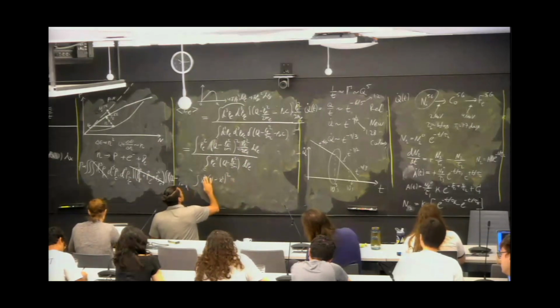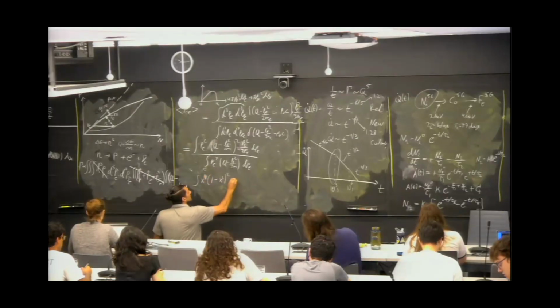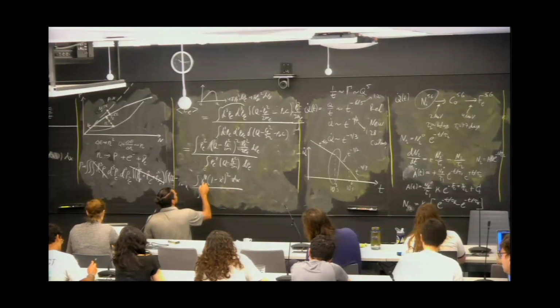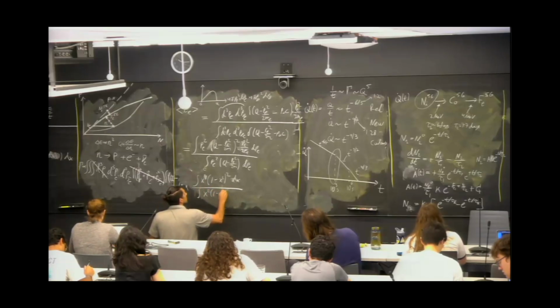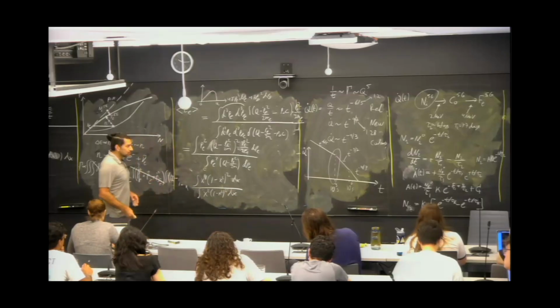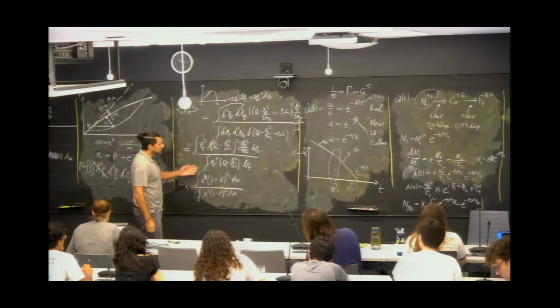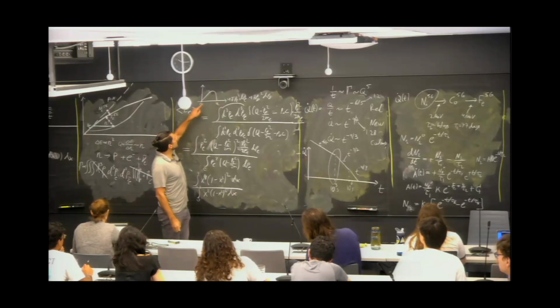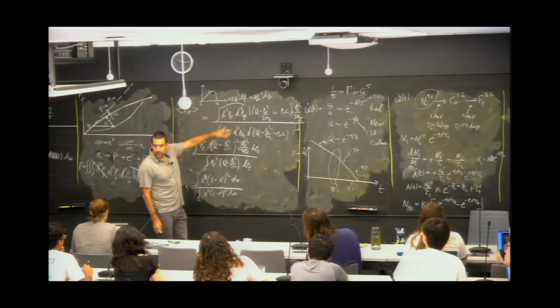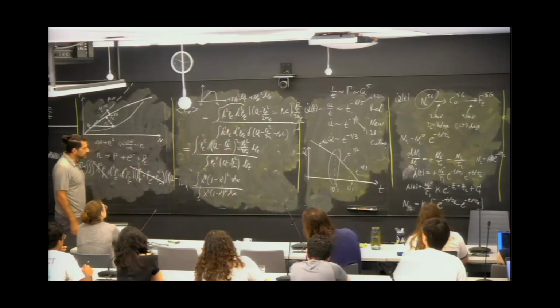So this is just x to the 4 dx. And on the bottom, I have the same thing, but with an x squared in here. It's a trivial integral from 0 to 1. This 0 to 1 is basically saying that the momentum of the electron can go from 0 to Q over c.